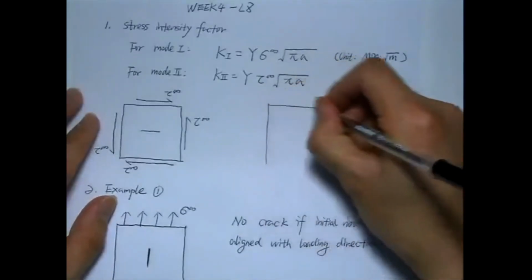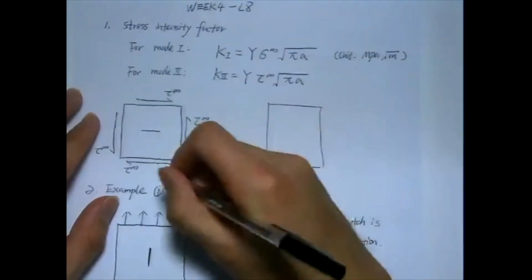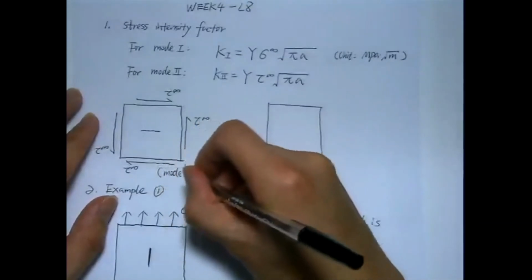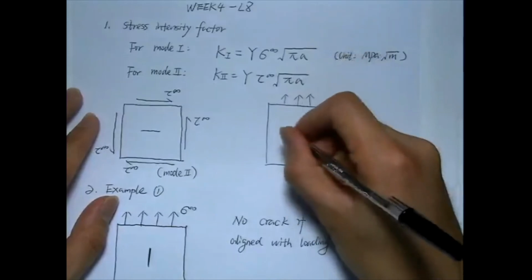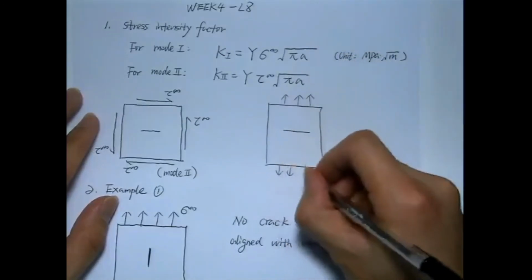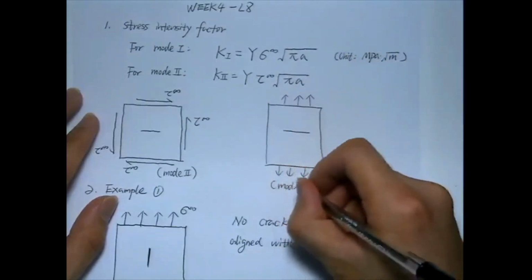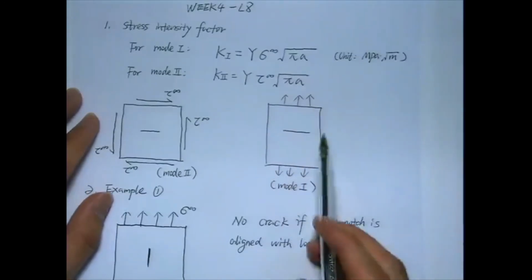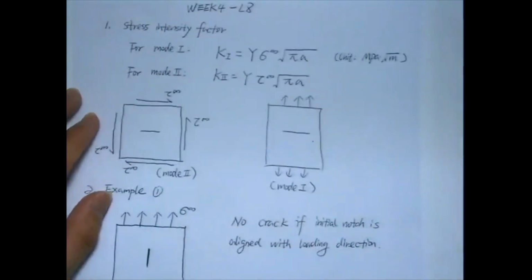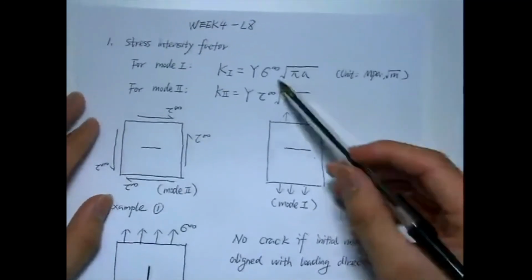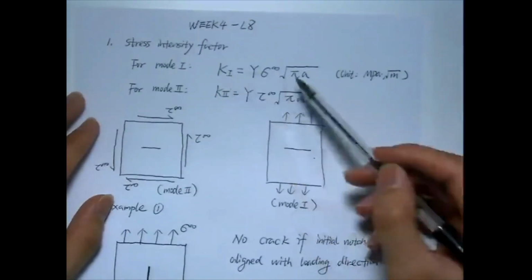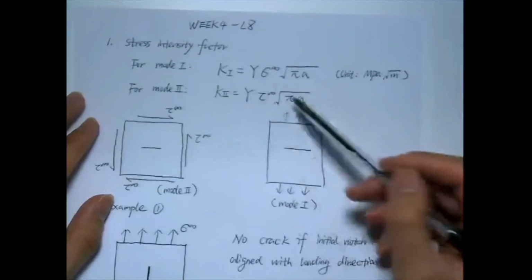So this one is mode 1, one is this mode 2. This is the mode 1. You're familiar with both of these cases, right? You can write K_I equal to that equation, K_II equal to that equation.